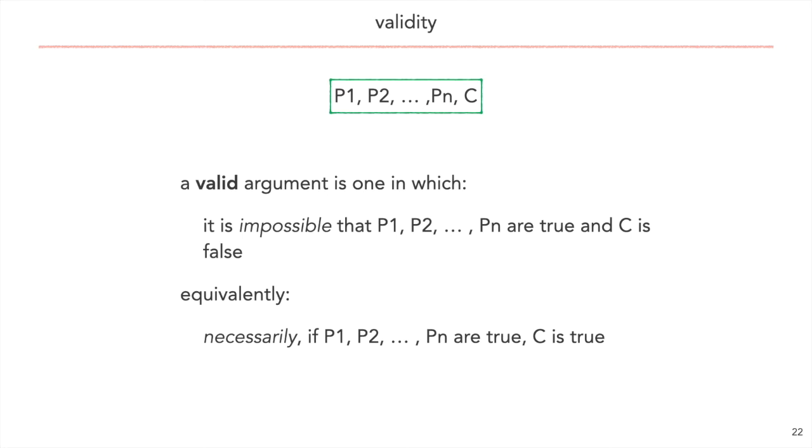You should satisfy yourself that these really are two different ways of saying the same thing. It's impossible that the premises are true and the conclusion is false is equivalent to necessarily, if the premises are true, then the conclusion is true. An argument that is not valid is invalid.